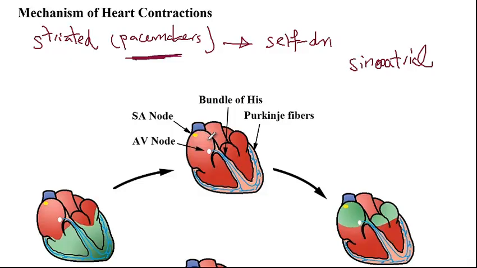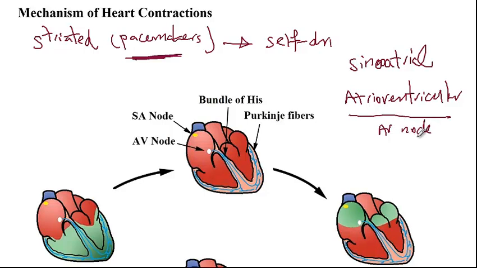Once there is depolarization, the impulse will travel through the atria until they reach the AV node, the other name for which is atrioventricular. And these are also pacemaker cells. Because the AV node is located between the atria and the ventricle, the name atrioventricular or AV node is given to it. All right.